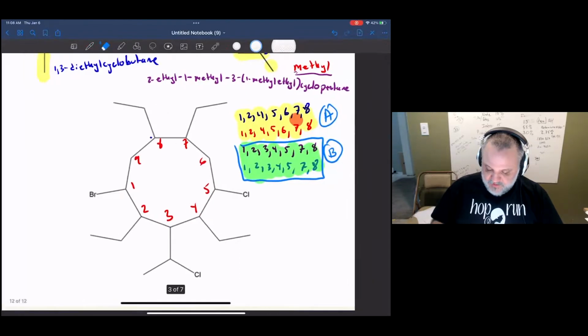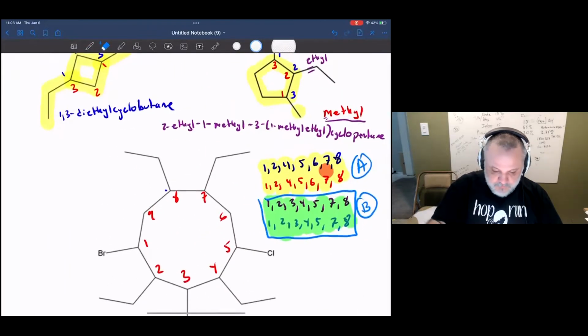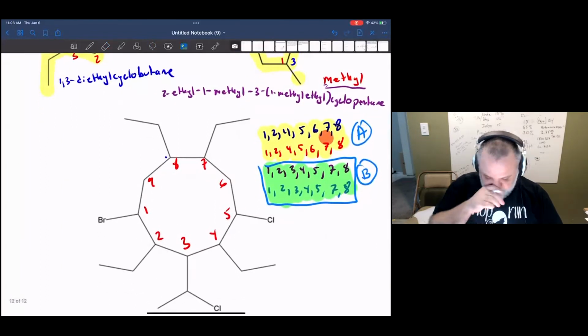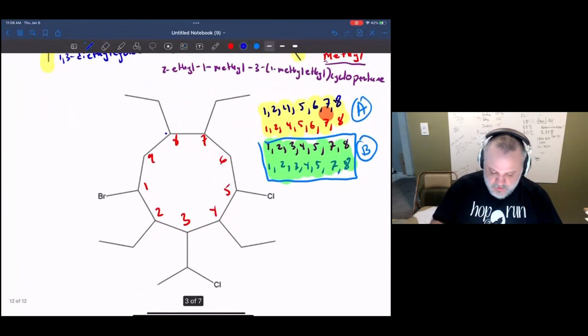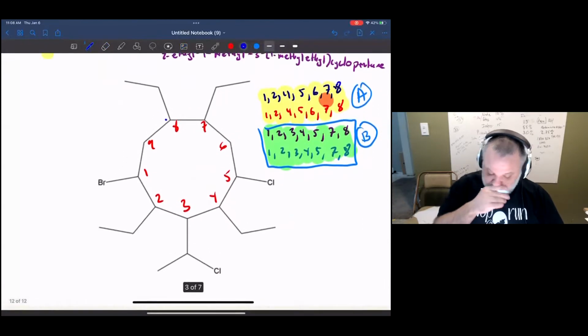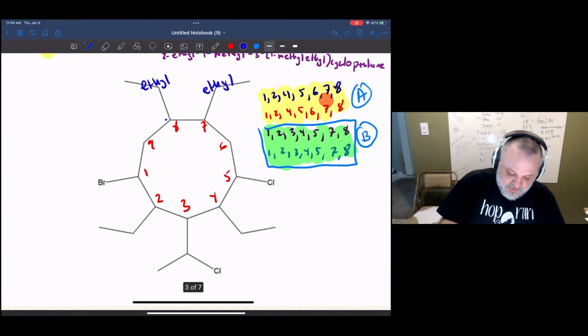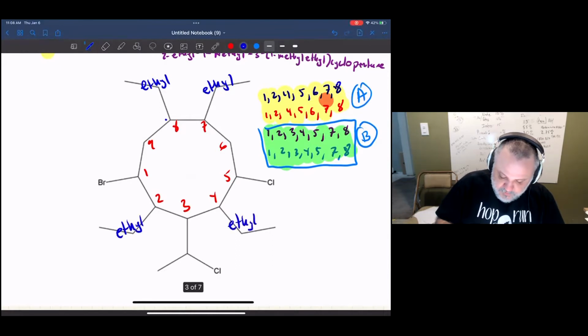Okay, so let's see if I can get a little bit of room here. Just want to move this up just a little bit. All right, so what do we got here? This is an ethyl group. This is an ethyl group. This is an ethyl group. And this is an ethyl group. So we have tetraethyl.